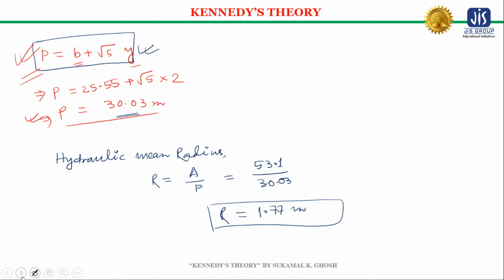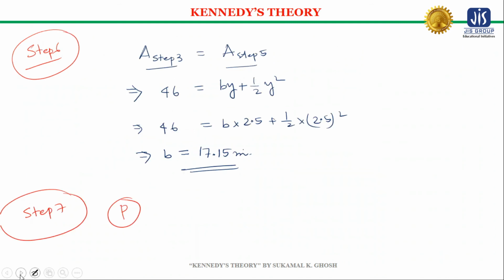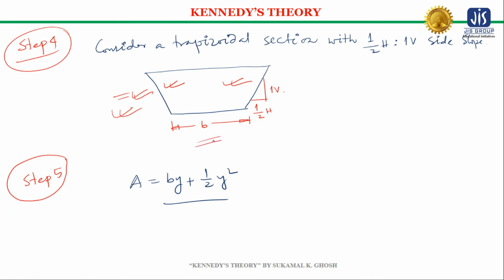Okay, so now for this assumption that y equals 2.5, we can also use this expression for weighted perimeter, that is P is equal to b plus root 5 into y, because for this assumption that y is equal to 2.5, we have also assumed the same section that we assumed for the previous assumption.